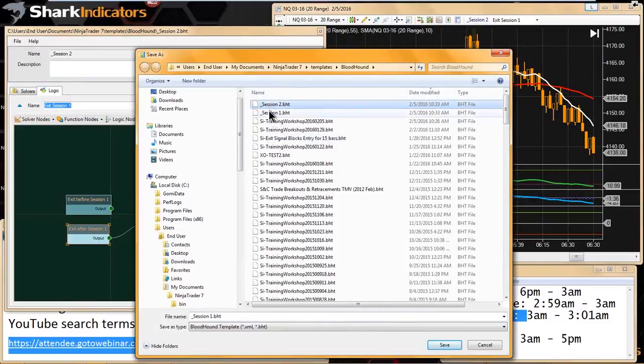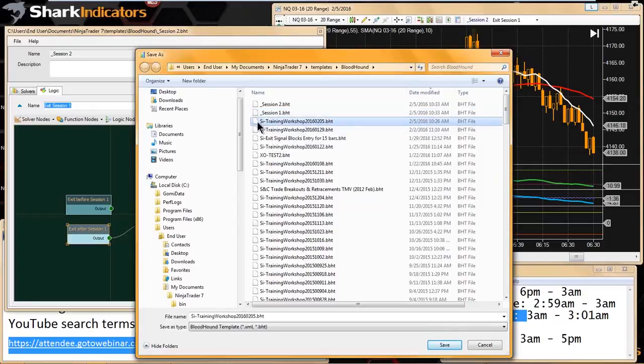When I clicked save as and created these new files, the original file name does not get saved, right? So just keep that in mind. This is universal for all software. When you hit the save as button, that doesn't save back to the original file name. So this original file doesn't have any of the work that I just did in it, because I never saved it before I did a save as. I've had a couple of customers get fouled up because they didn't realize how save buttons work.